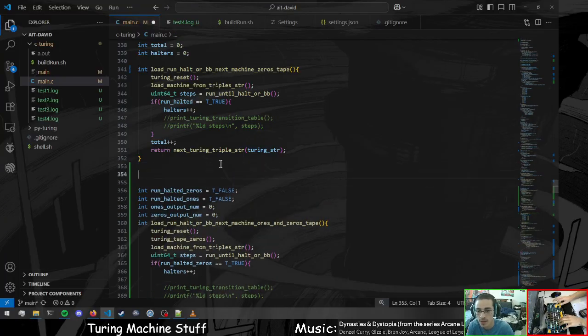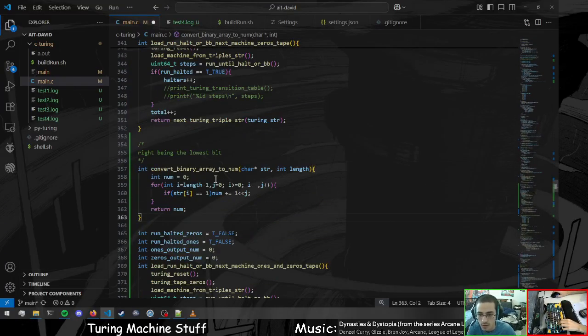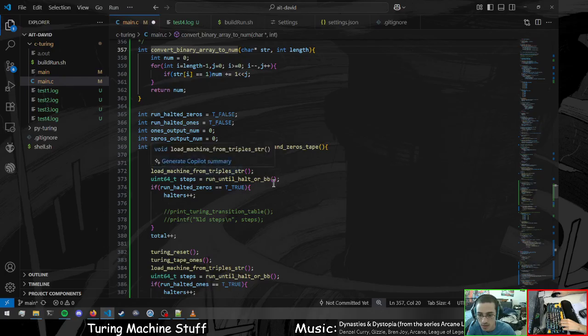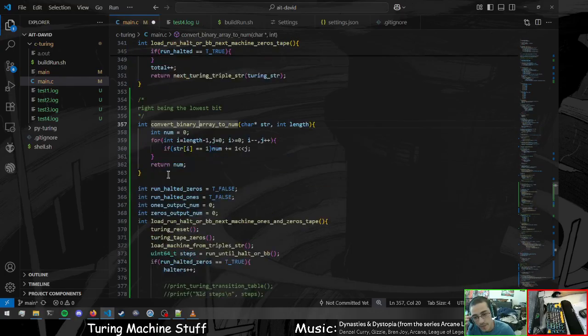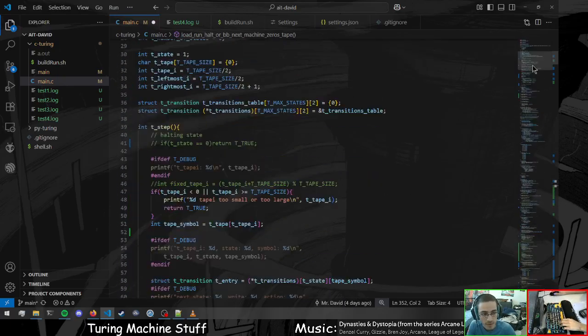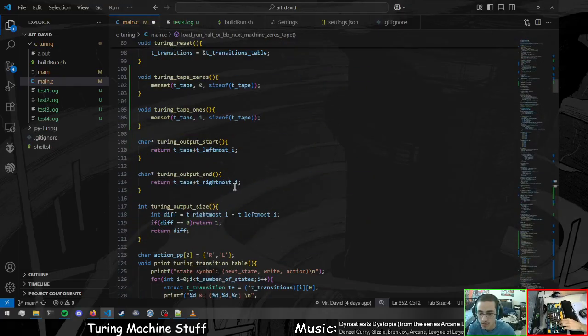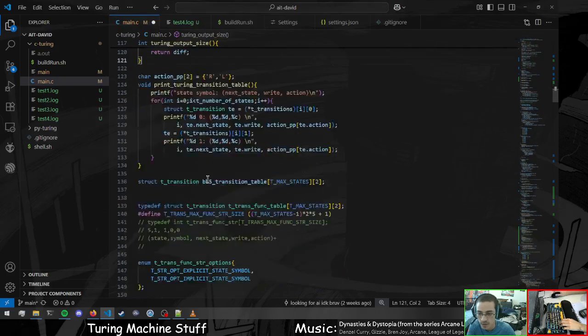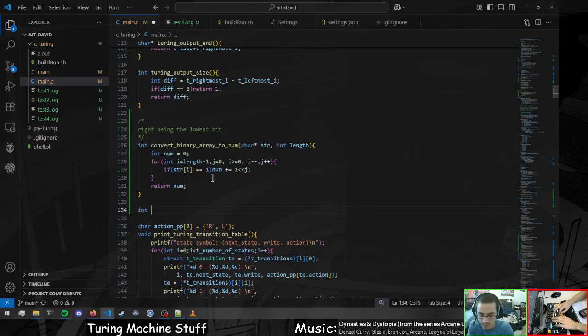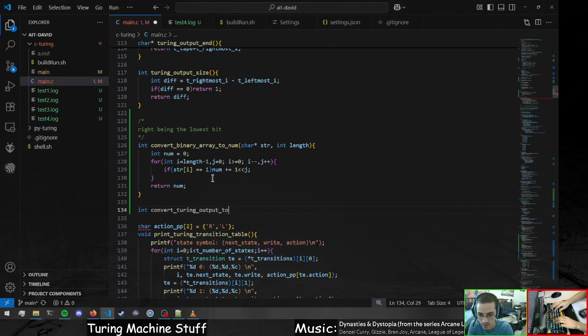So right back here, I'll say convert binary array to number. No, this should probably be further up, closer to the Turing machine stuff, probably here. And I'll make a thing here: int convert Turing output to num.